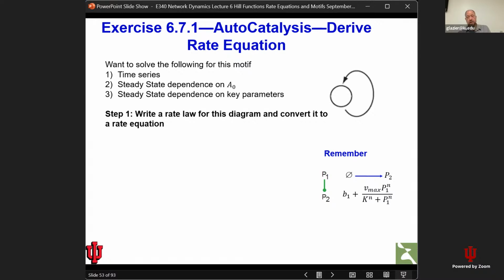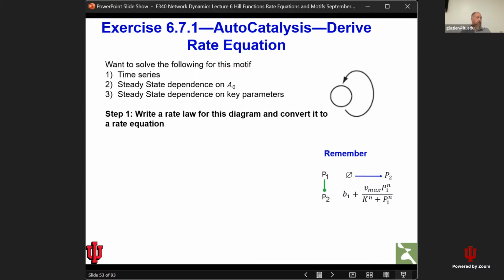Here, I haven't written the letter A. I've got a circle standing in for A. You could call it X or B if you want instead of A. But I've got a statement that a chemical promotes its own production. So I have drawn the figure for P1 promotes P2. In this case, it's A promoting A, and I've reminded you how to interpret it.